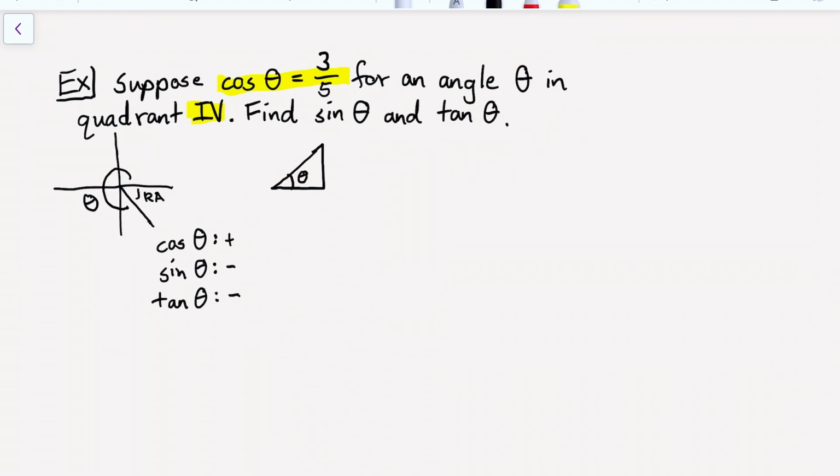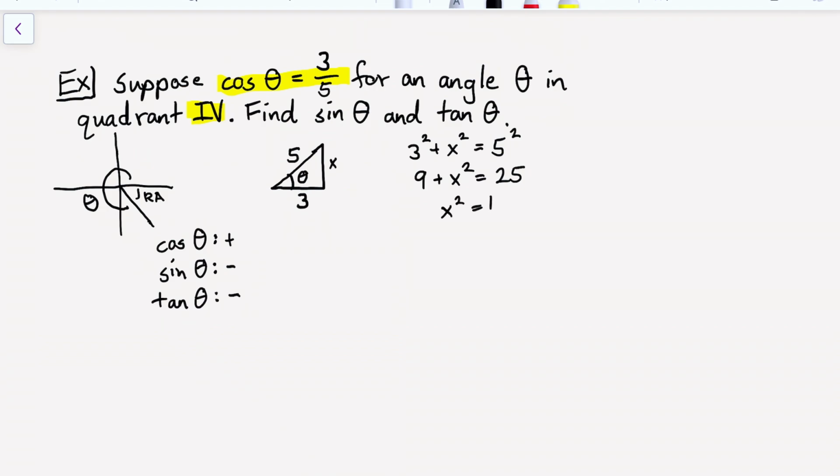Here's a sketch of what is going on using the acute reference angle. So we have theta, cosine of theta equals 3 over 5. So the adjacent leg should be labeled as 3. The hypotenuse should be labeled as 5. And we can use the Pythagorean theorem to find the remaining leg. We can say 3 squared plus x squared equals 5 squared, or 9 plus x squared equals 25.